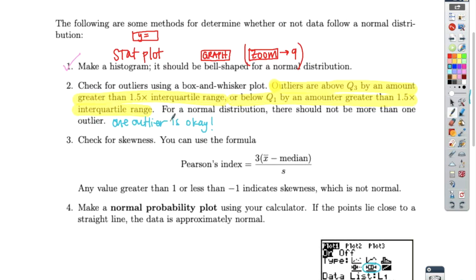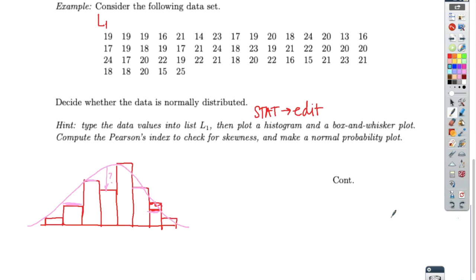Okay, so once you've got your box and whisker plot, I'll draw mine down here. It looks like a rectangle, pretty much right in the middle, and then I've got a fairly long whisker and then a longer whisker. Now I'm going to click trace. Trace is the 4th button across the top.